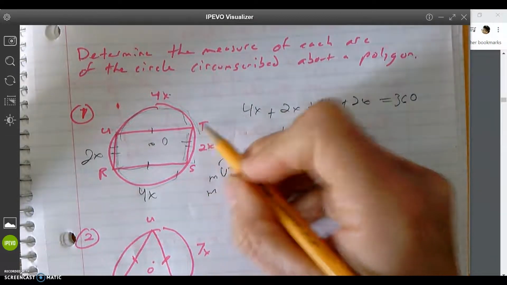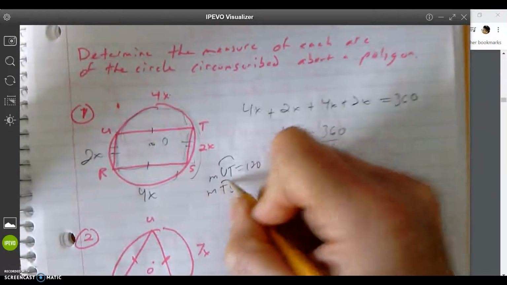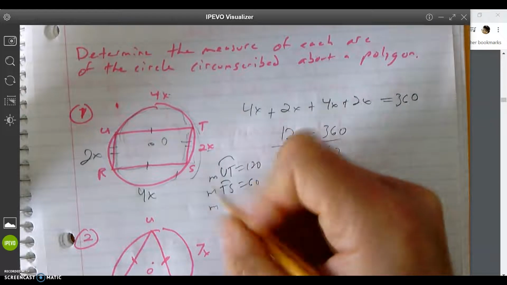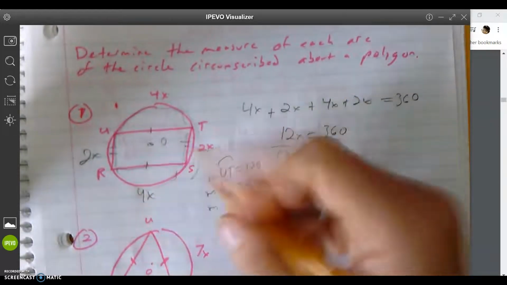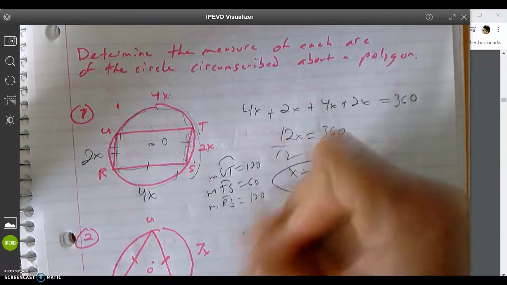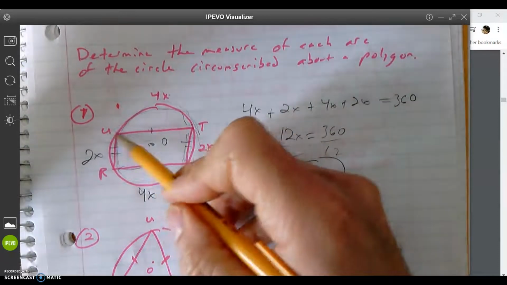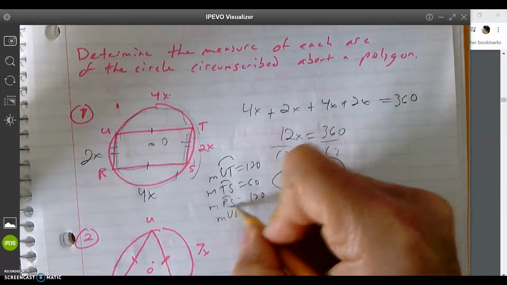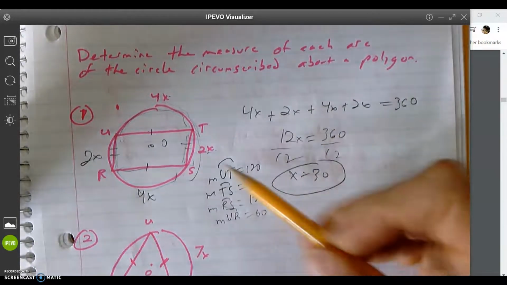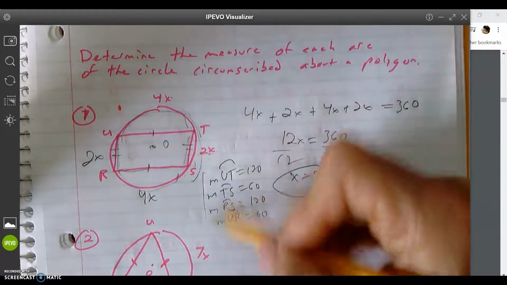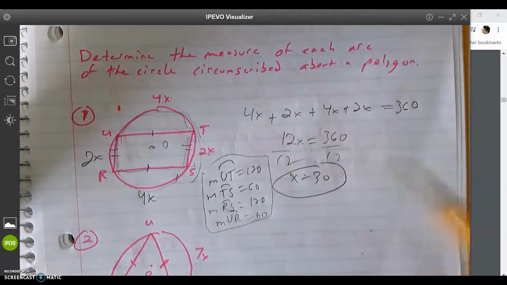The measure of arc TS is 2 times 30, which is 60. The measure of arc SR is also 120, and the measure of arc UR is 60. Got it. So here's your final answer. Put it in a box right there.